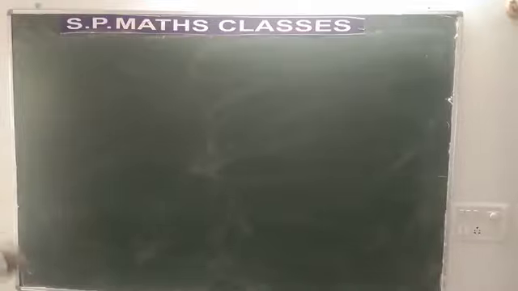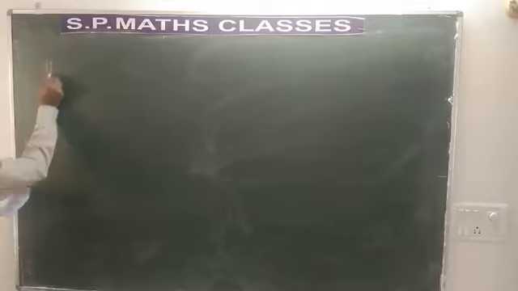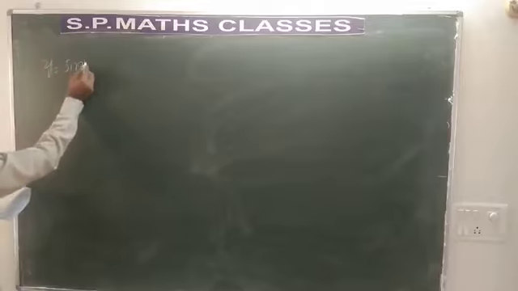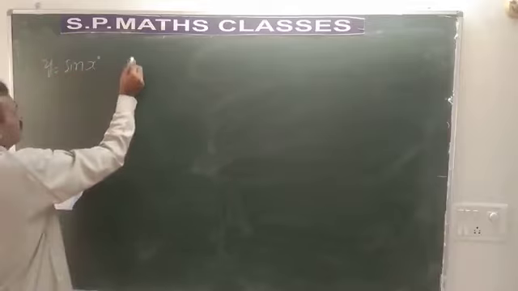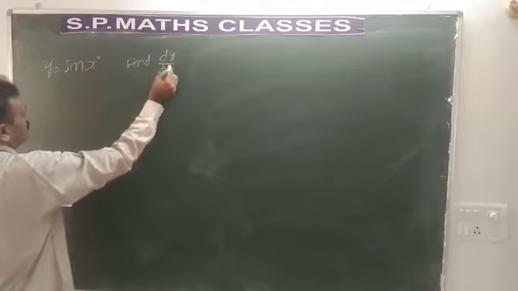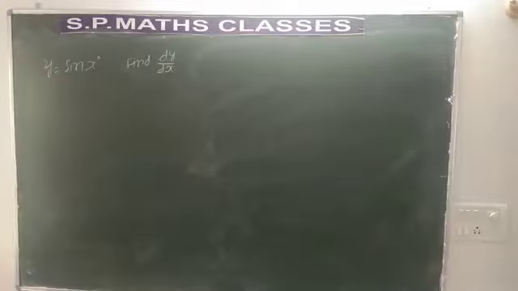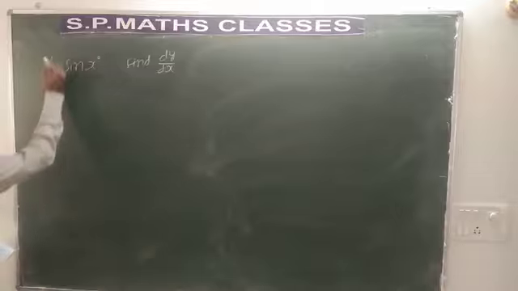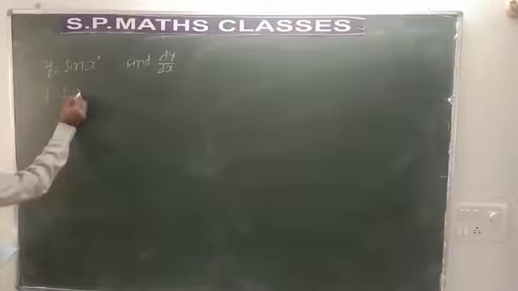Let us take up the next problem. Y is equal to sin x degrees. Find dy by dx. So, here it is in degrees. You have to convert it into radians. How to convert that into radians? Y is equal to sin of x degrees.